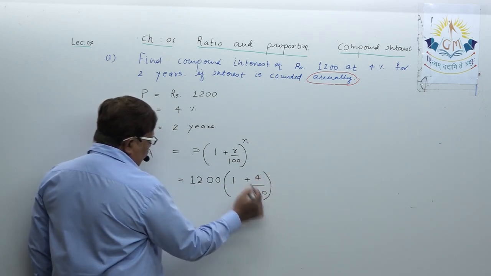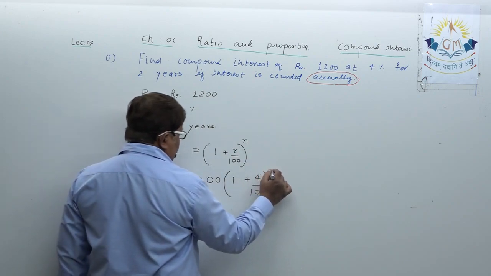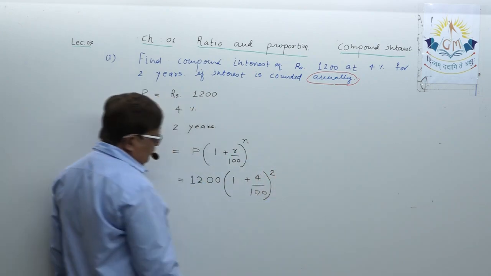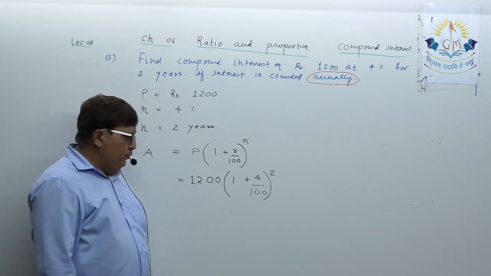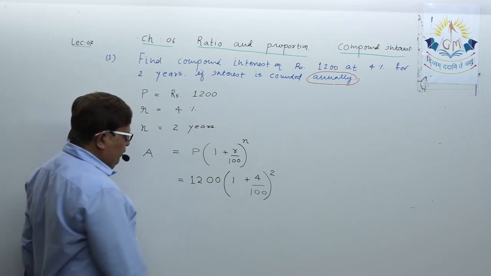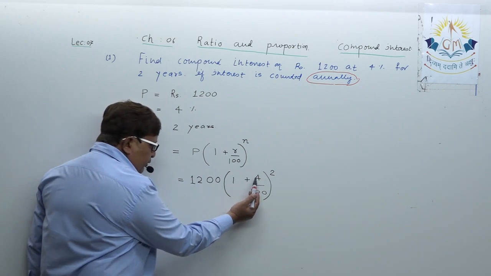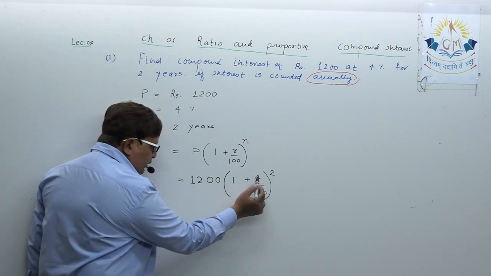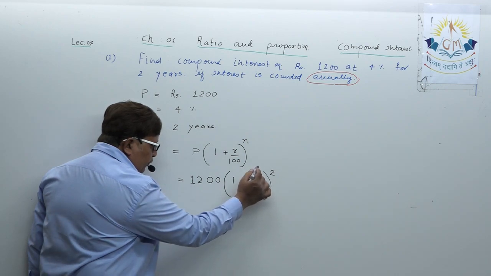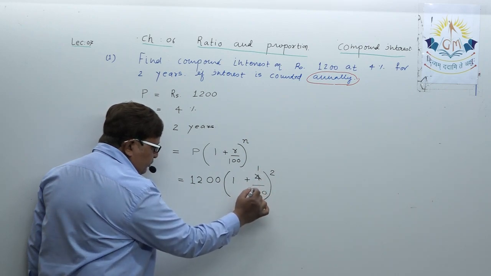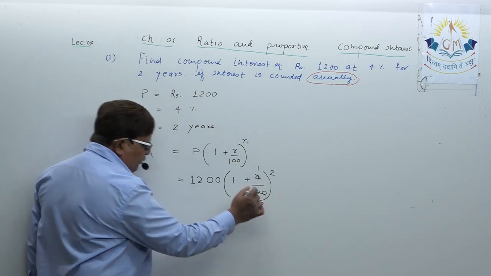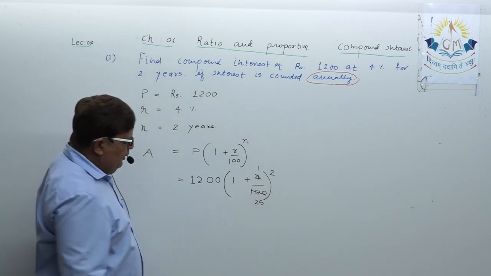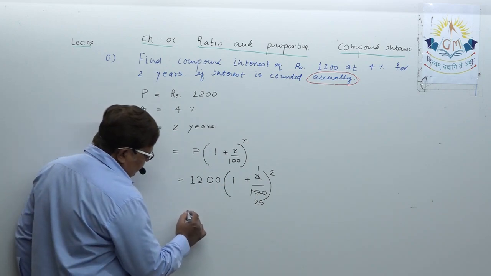It is a period of how many years? 2 years. Okay. After substituting the value, it is now time to do the cancellation. 4 ones are 4, 4 twenty-fives are 100. One cancellation is possible.